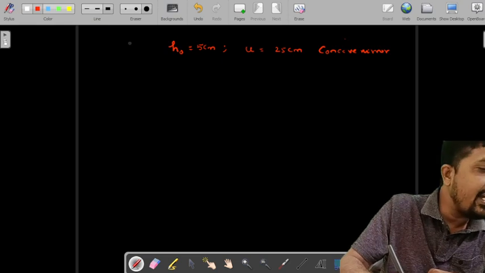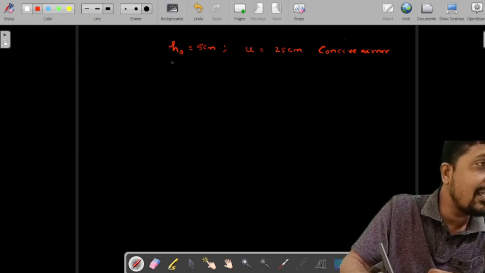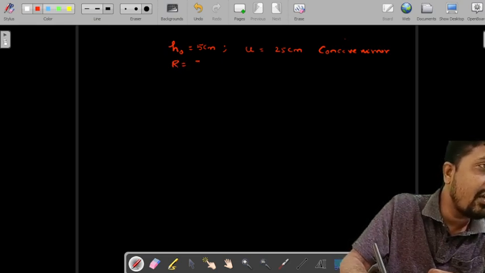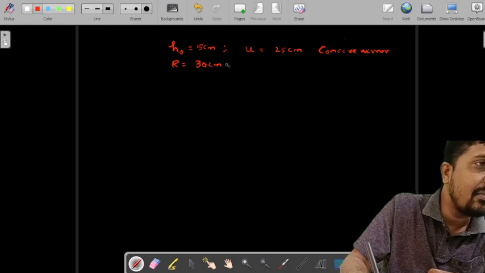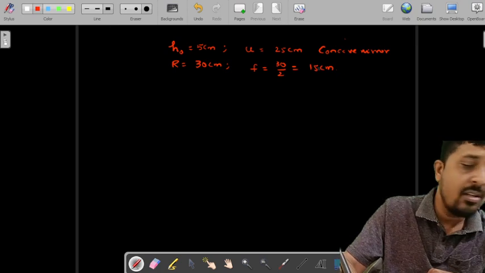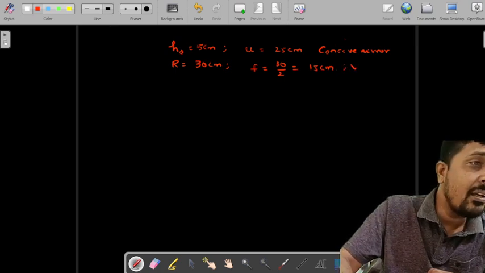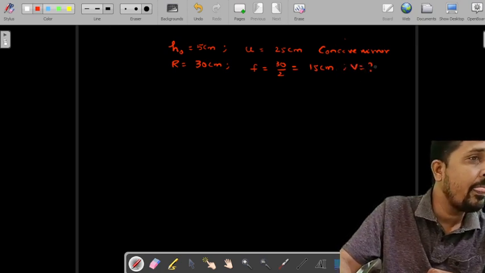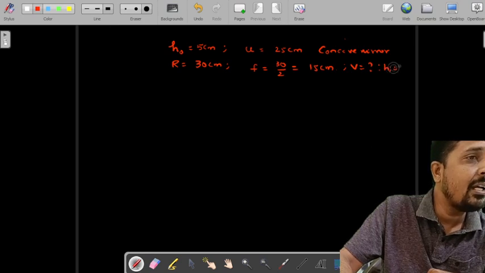The radius of curvature is given as 30 centimeters. That means focal length is equal to 30/2, which is equal to 15 centimeters. Now the question is, where is the image located and what is the height of the image?